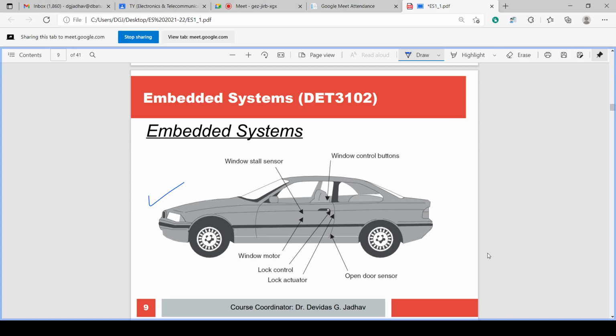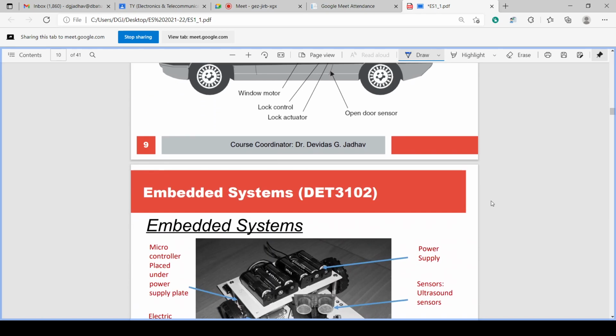Okay. So an autonomous vehicle is a highly sophisticated application of embedded system. It is using the technology of machine learning and artificial intelligence. So a car, or rather a vehicle, is a very good example of an embedded system, or it is using an embedded system.